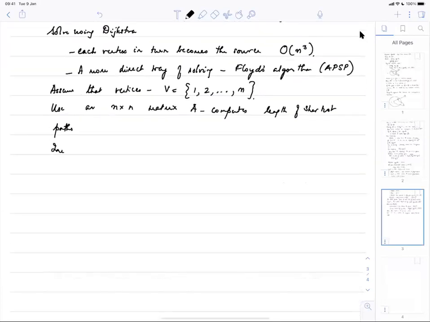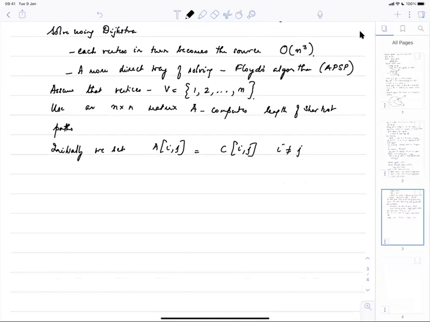Initially, we set A of ij equal to C of i comma j, for i not equal to j. What is C of i comma j?